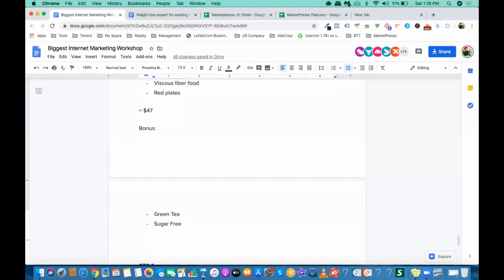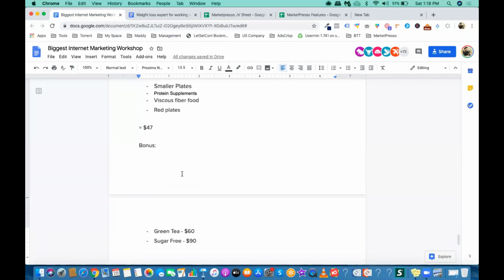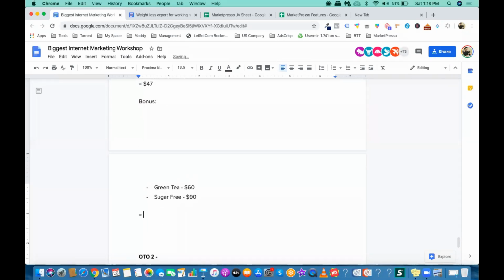You need to add sugar free sugar, and not a normal sugar free sugar, but the world's best sugar free sugar. That is what I'm offering to you. This green tea alone is worth $60, and this sugar free alone is worth $90. But when you purchase it today, right now, you will get all these four products along with the two bonuses for just $47, but only for the next 10 members.